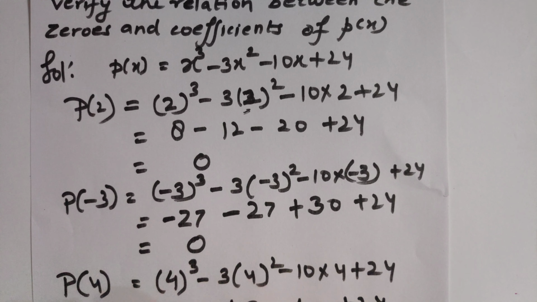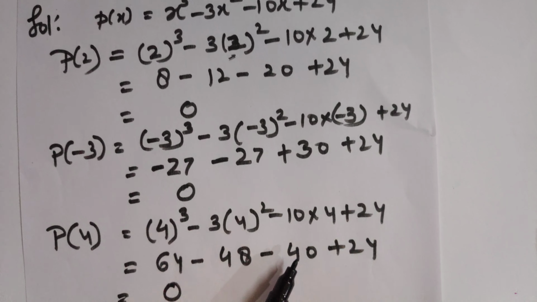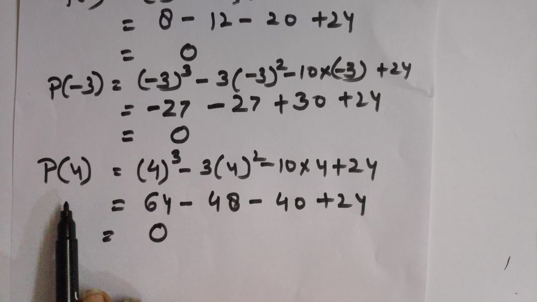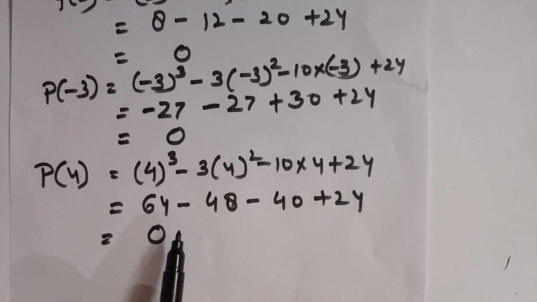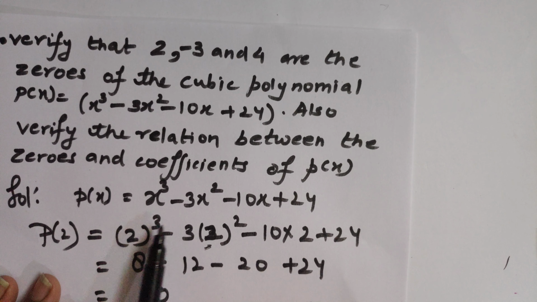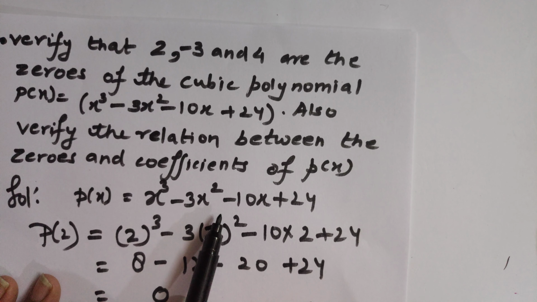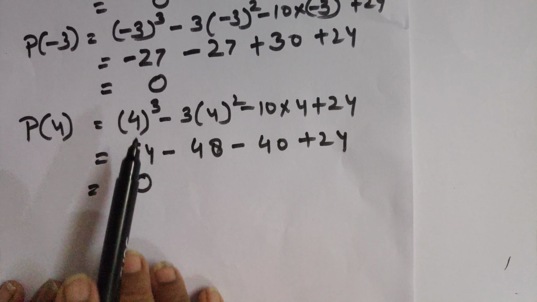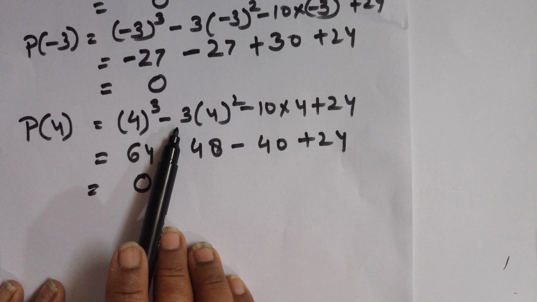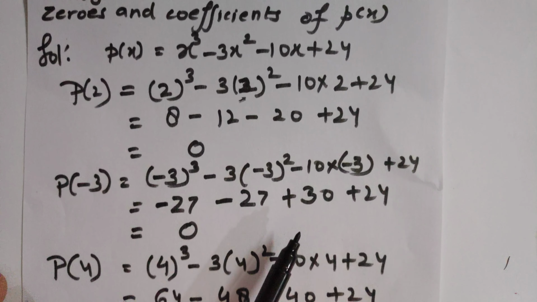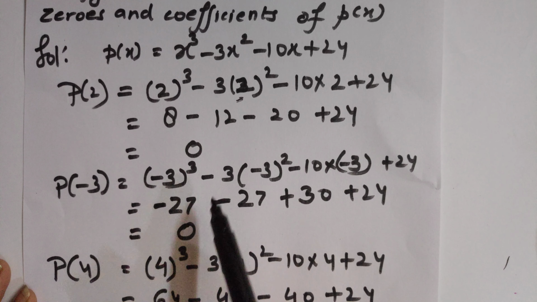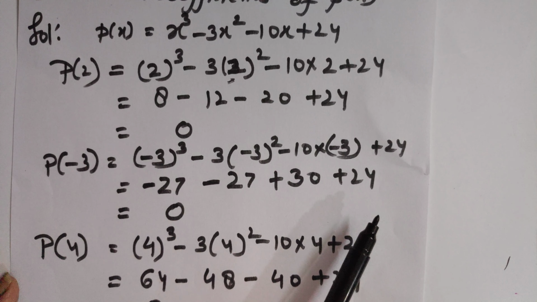So we have got 88 minus 88, that is 0 here. So we have verified that 4 is also a zero of the given polynomial x³ - 3x² - 10x + 24. Now we have verified that all these 3 are the zeros of the polynomial.